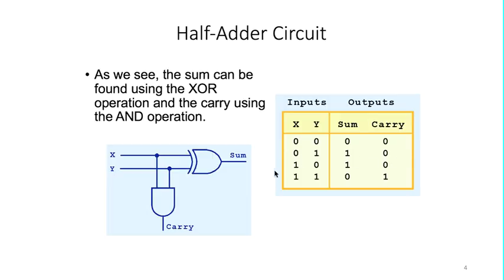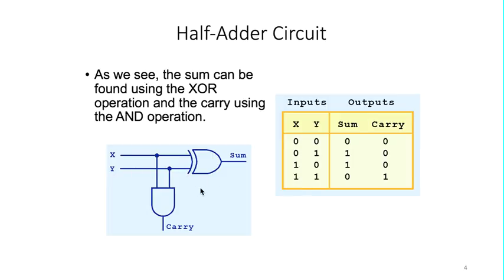The next one, when x equals 1 and y equals 0, is similar to the previous case. We have 1, 0 into the XOR, the output equals 1, and 1, 0 into the AND gate, the output equals 0. So that's the third row in the truth table. The last case is when x equals 1 and y equals 1.